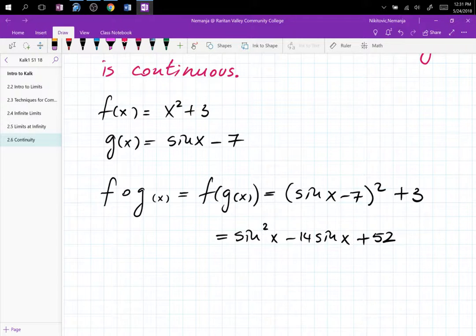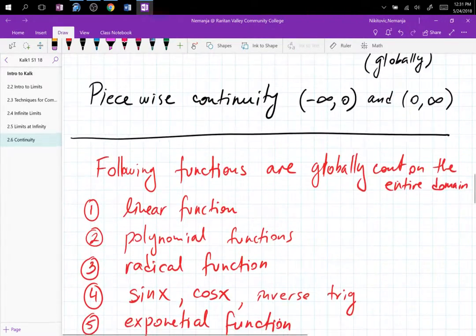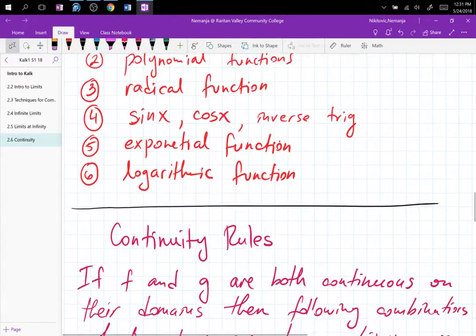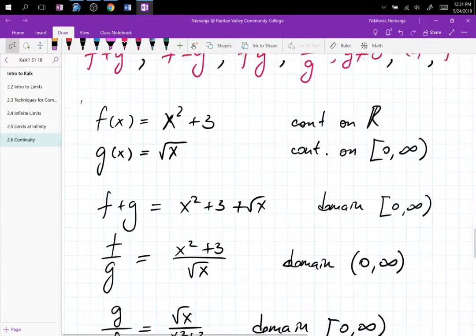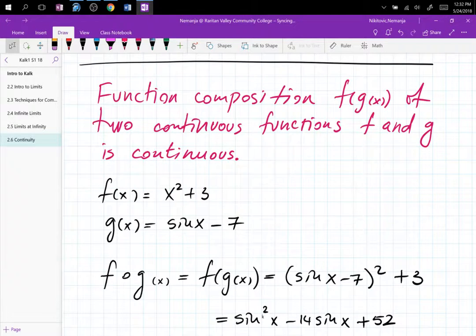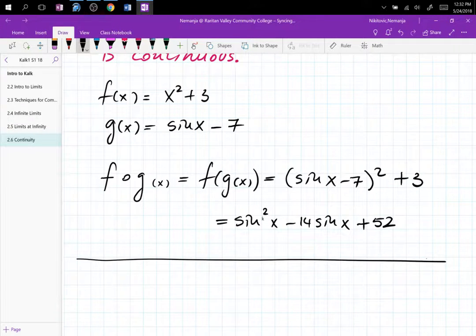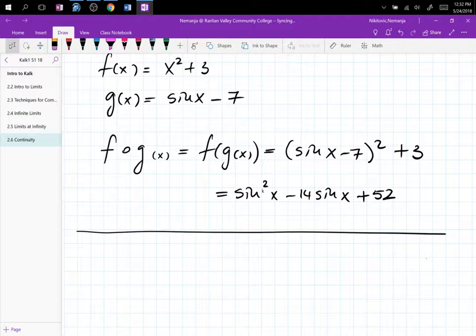So, combinations of these three theorems, globally continuous, continuity rules, and composition of functions will be what you guys will be using to set up problems in your future courses. Obviously, if you are here to just survive Calc 1 and not worry about any further courses, then you just survive the exam and you're good to go, right?